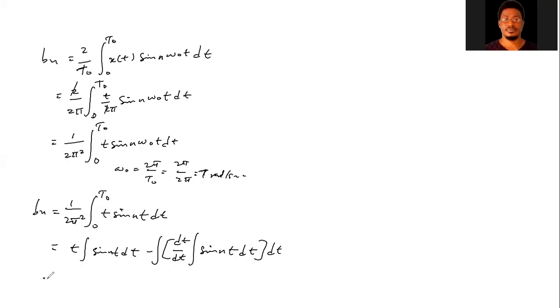And this is going to give us negative t cos nt over n minus integral dt is 1 times, and this is going to give us minus cos nt over n dt.